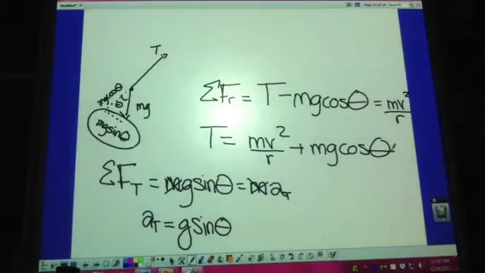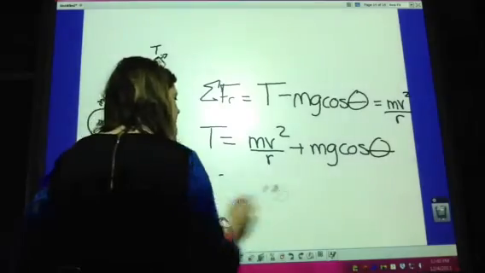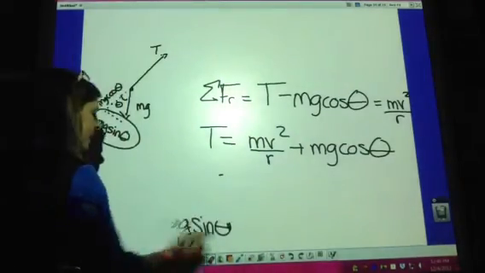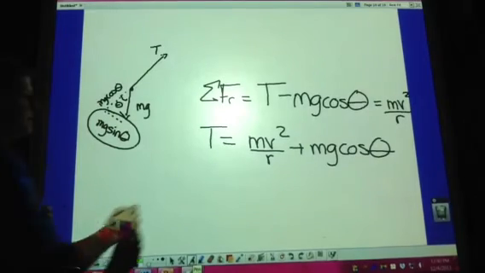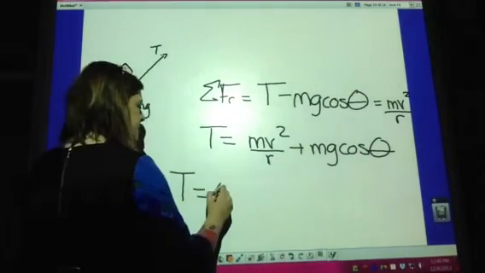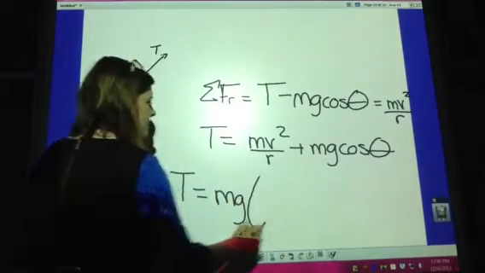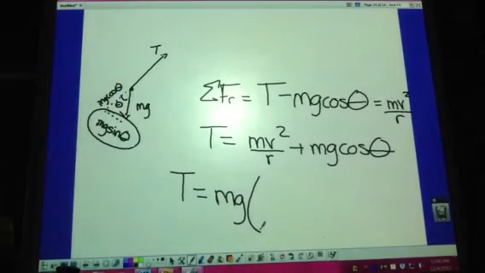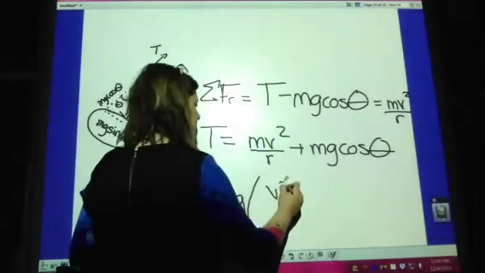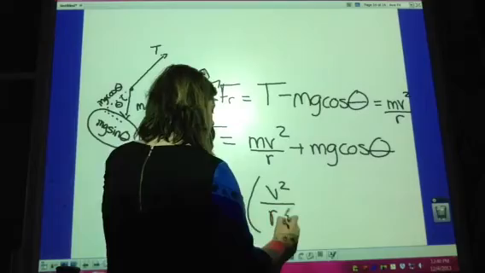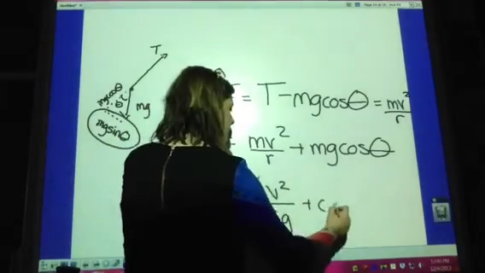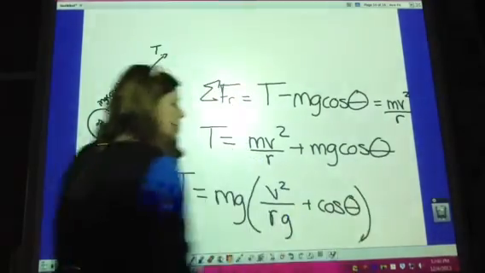And oftentimes when we find the tension, they're going to want you to compare it to a factor of mg. So we can write this equation, but let's factor out mg so we can see what that looks like as well. If I do that, I get T equals mg times v squared over rg, plus cosine theta.